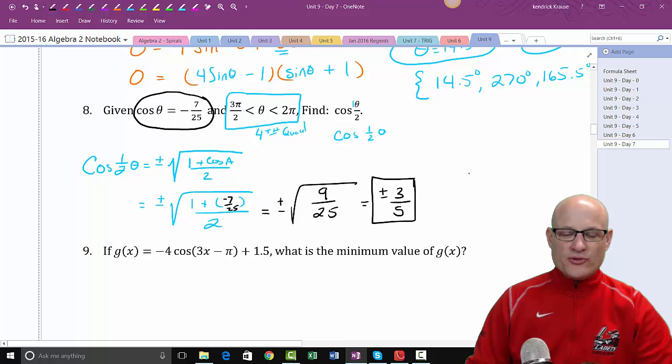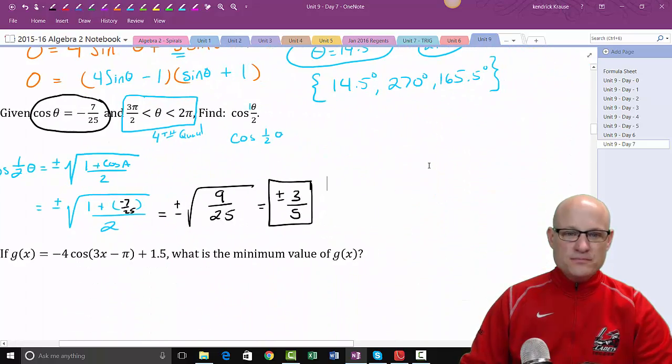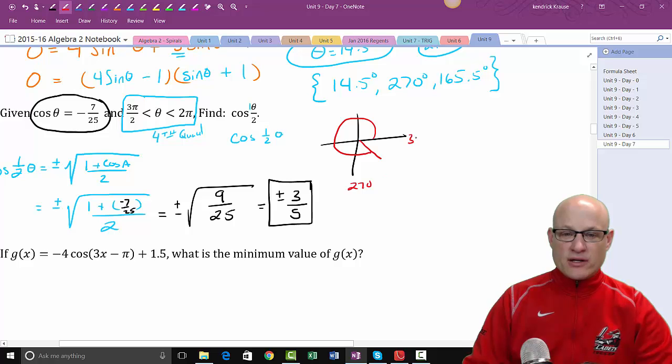Now cosine's particularly easy with this one. So here's what we've got to do. My angle is in the fourth quadrant. That's between 270 and 360 degrees. That's theta.